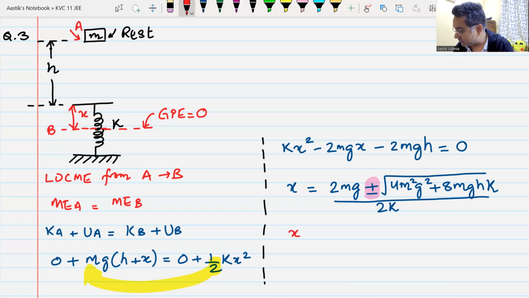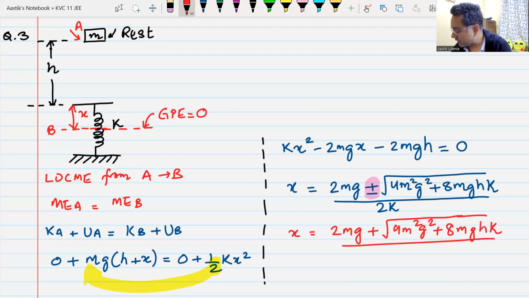So my dear friends, the answer becomes 2mg plus under root of 8m square g square plus 8mghk, divided by 2k, and that is your final answer. The answer looks a bit difficult.